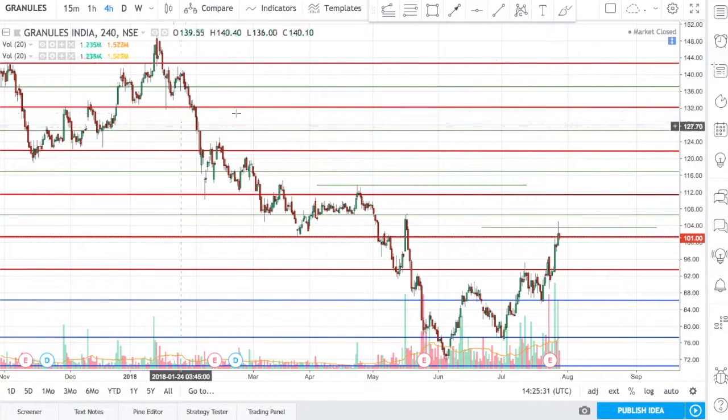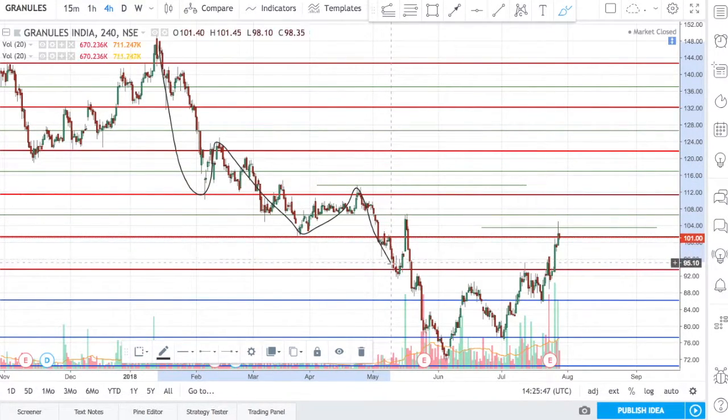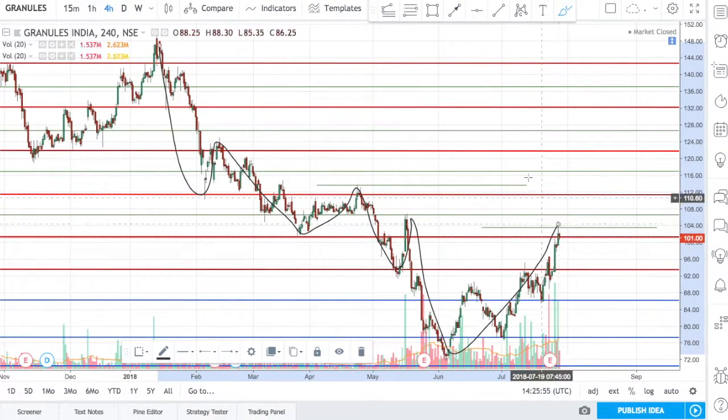This was our impulsive move, retracement, our impulsive move, retracement, our impulsive move, and now this retracement is happening.